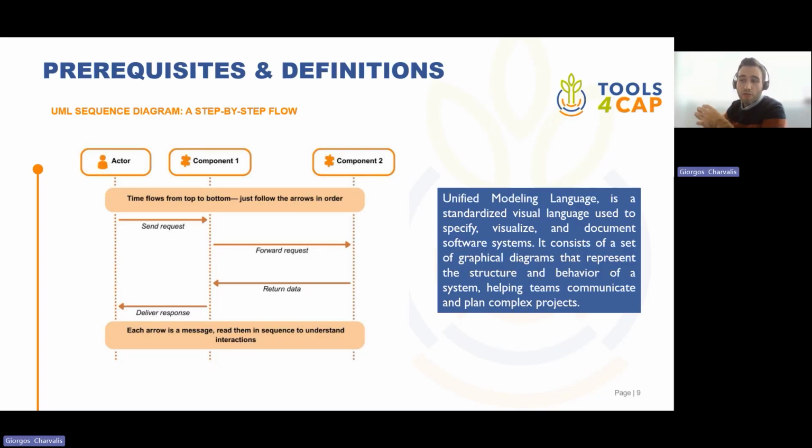So every arrow is a message sent by a system. So it's a request and a response. This message, of course, is a structured message in order for the machine to understand the data and the metadata it transfers.